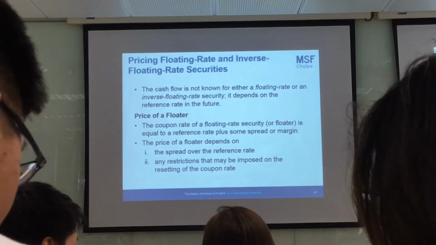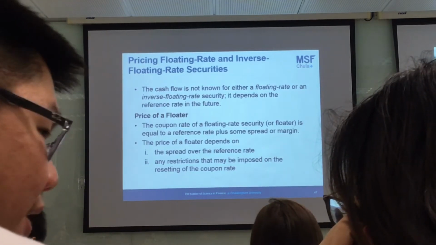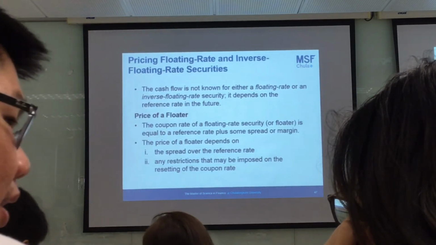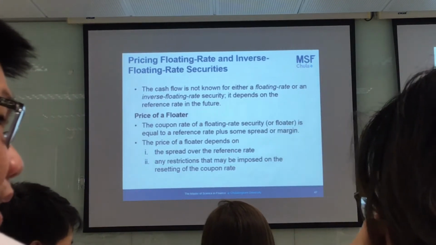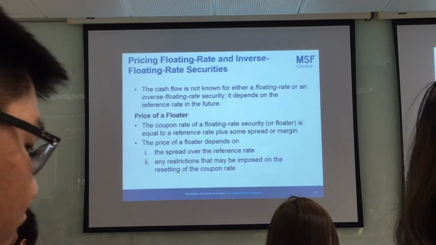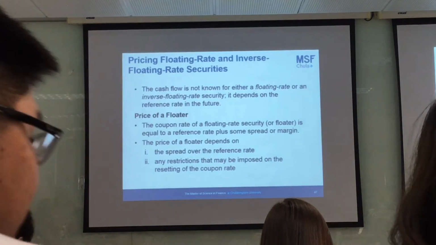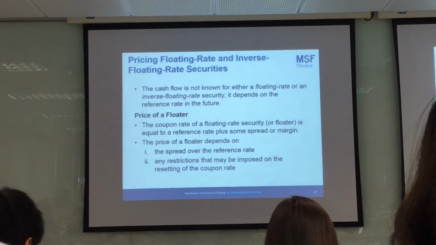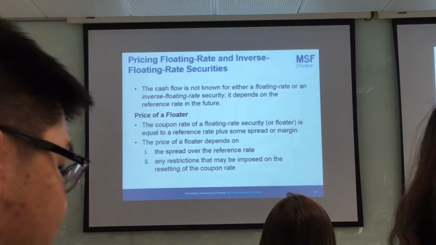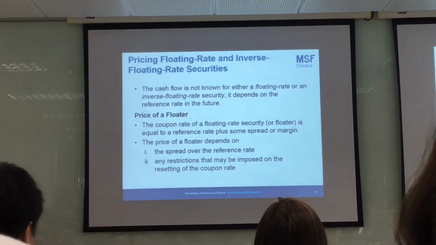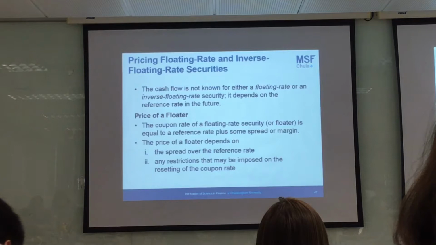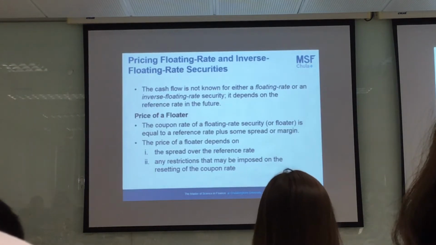Okay, now let's move on to discuss the valuation of bonds that pay a floating rate coupon. What we have discussed so far is that we should now be able to price a bond that pays a fixed coupon rate, right?